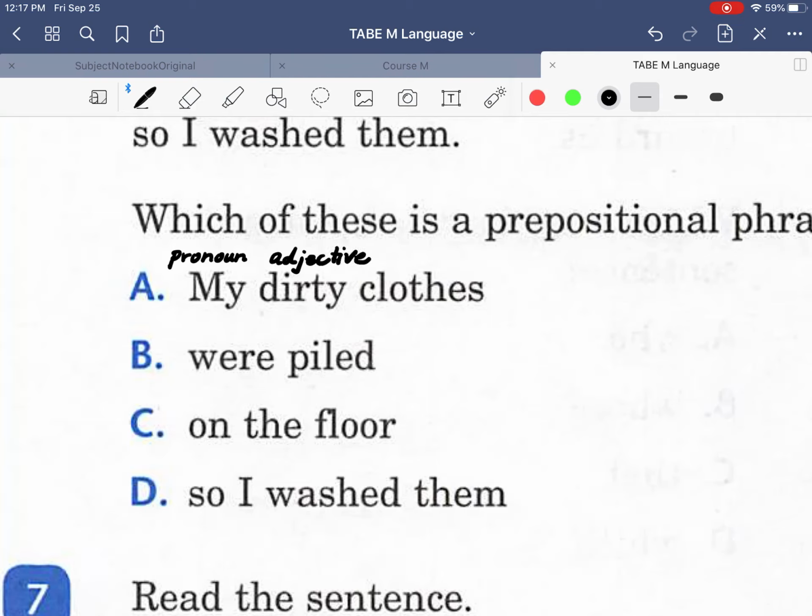Here is a phrase, but that's not a prepositional phrase. This is a helping verb. This is a main verb. On is a preposition. The is an article. Floor is a noun. There's my prepositional phrase.